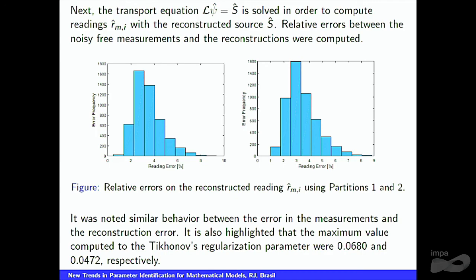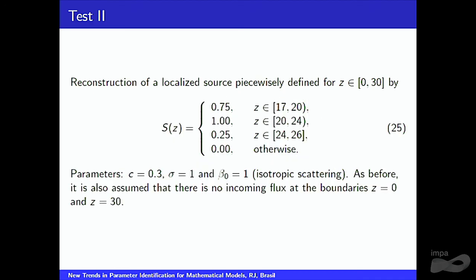What we have seen for these kinds of tests is that we're able at least to keep the error in the reconstruction at the same order as the error that we impose in the measurements. And here we have some data about the Tikhonov parameter that we used in this reconstruction.